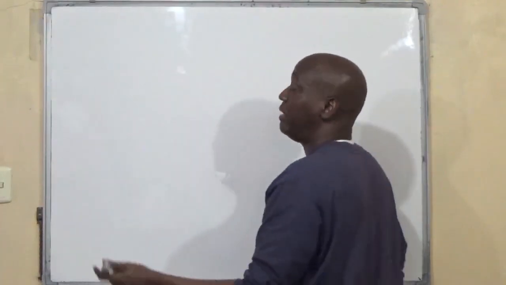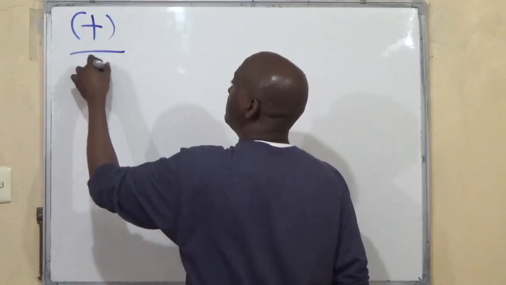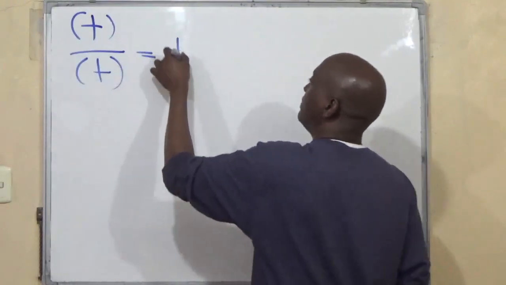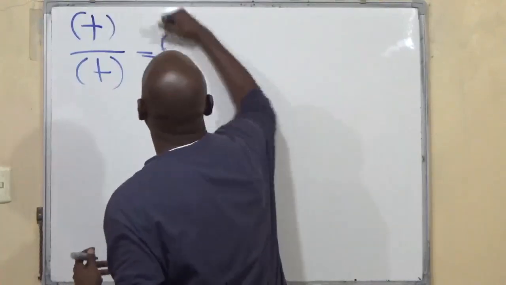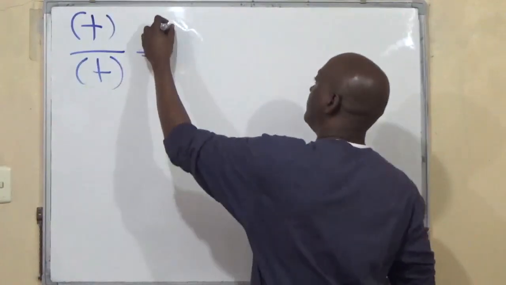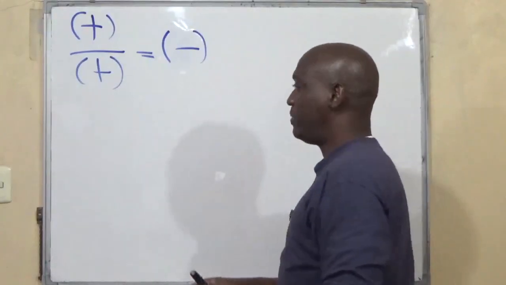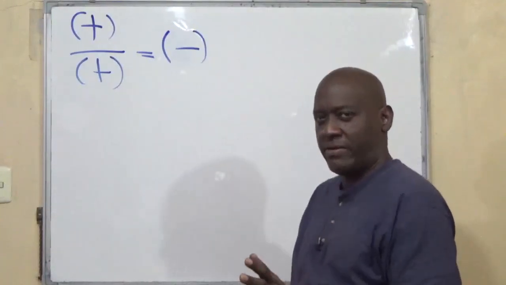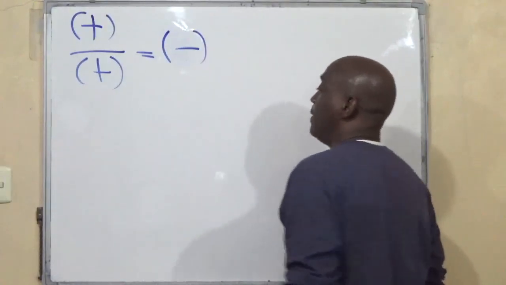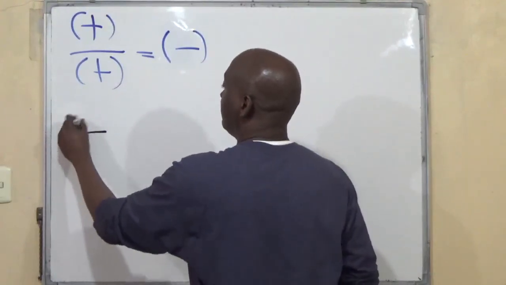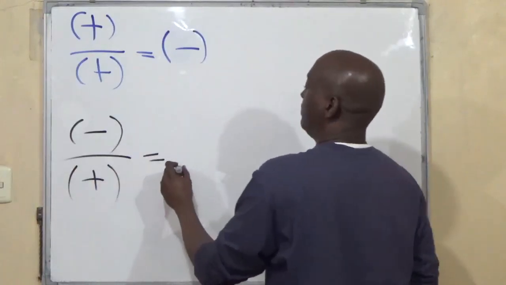We start with the familiar, and we say that positive divided by positive is equal to positive. We know that. We're sure about that. And then we come down into the new thing now. This is the new area that we're getting into, the negative sign. We said that negative divided by positive will give you negative.